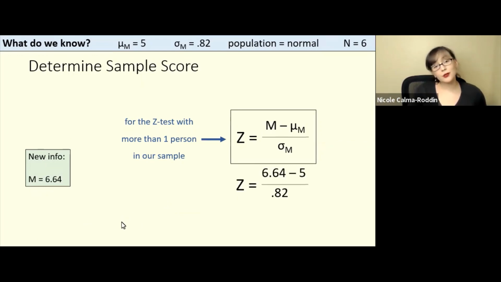So we just plug in our numbers: 6.64 minus the mean of our distribution of means, which is 5, so 6.64 minus 5, and then divide that answer by 0.82. So we get 1.64 divided by 0.82, which is going to equal 2.